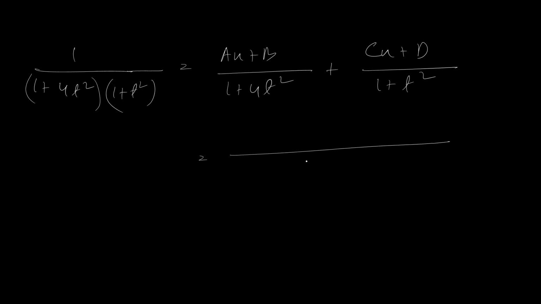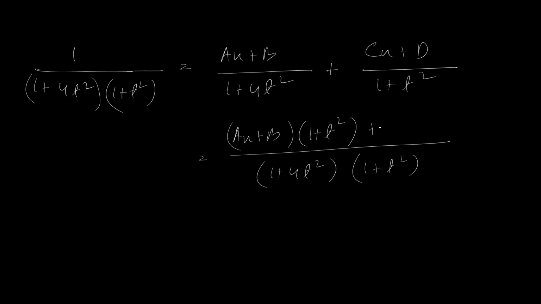So here if I take the LCM, 1 plus 4t square, 1 plus t square, this will be at plus b times 1 plus t square plus ct plus d times 1 plus 4t square.